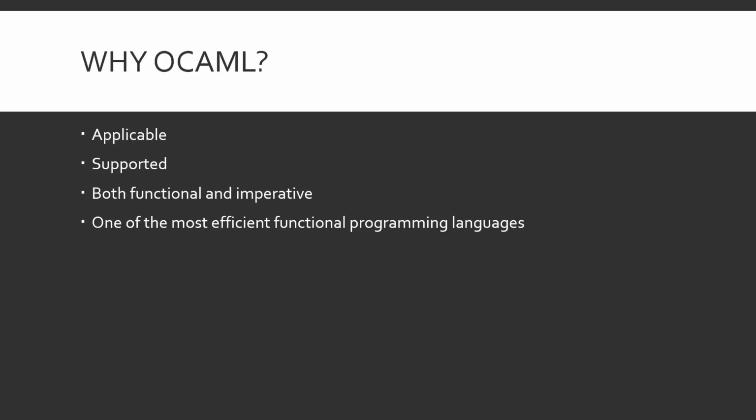So there's a lot of OCaml on the scene in the developing world. OCaml is unique in that it also has support for imperative operations like objects. We'll get to these later on, but we're going to start off with functional. And it's one of the most efficient functional programming languages thanks to the diverse community that's really trying to make OCaml work. So with that, that's kind of why we're studying OCaml.